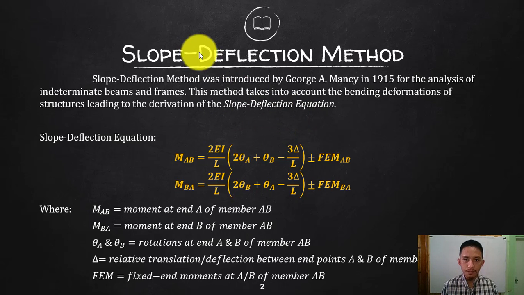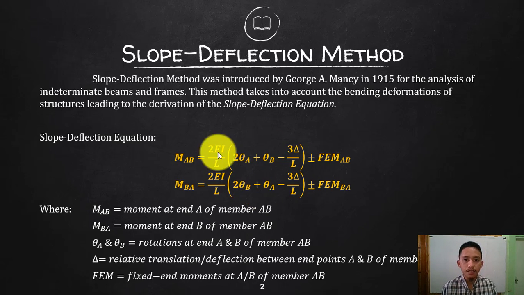But of course, in your slope deflection, you have here already a formula given, which is derived by taking into account the bending deformations. Okay, but I will not be showing you that one since that will be a little bit complicated and we do not have much time for that.